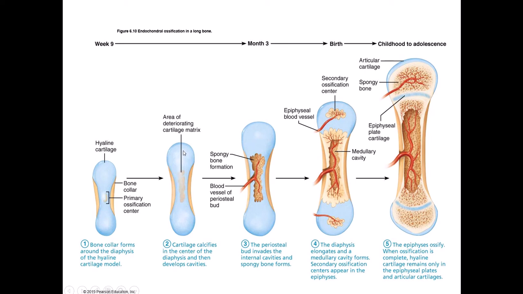The quote-unquote bone is actually cartilage, so it's cartilaginous growth, and as the cartilaginous bone grows in length, the deteriorating bit of cartilaginous tissue in the middle of the diaphysis expands to keep up with that growth. You'll get an invasion of what we call a periosteal bud. It's essentially just an invasion of some blood vessels that go into that developing cavity.